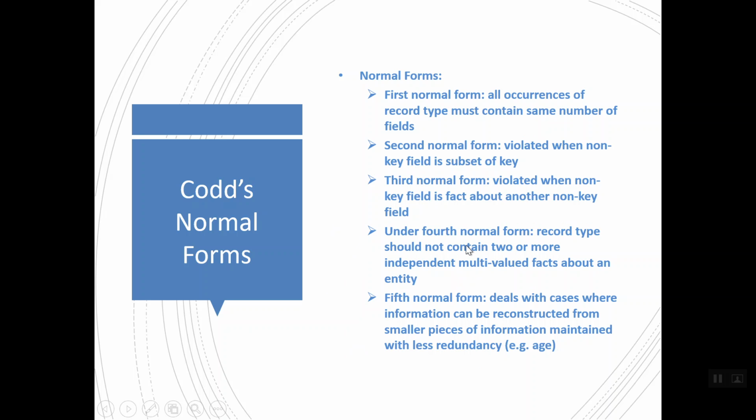These are all the high-level steps we go through. But for the most part, what you want to remember is that most working databases are either fourth or fifth normal form.